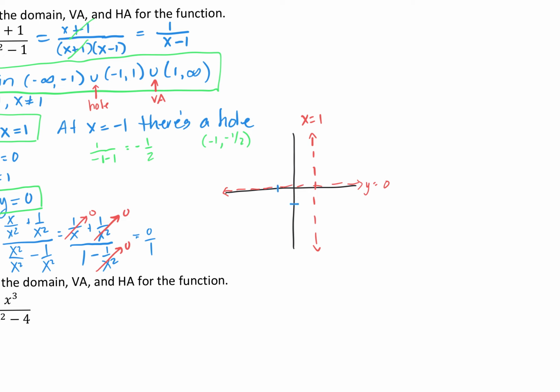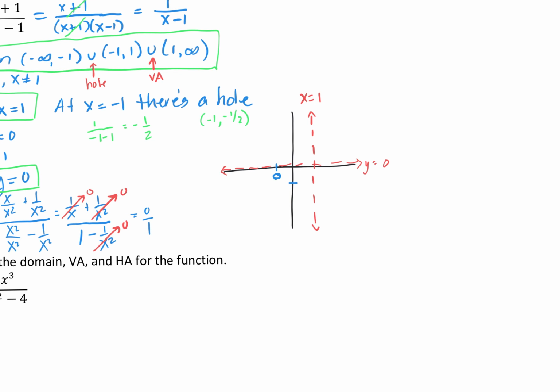Probably going to be close to here. So that would be an open circle. And now I know my graph has to follow the asymptotes. So basically, it's going to do this and that. And if you graph this in Desmos, you'll see that there's going to be an upper portion, like so.